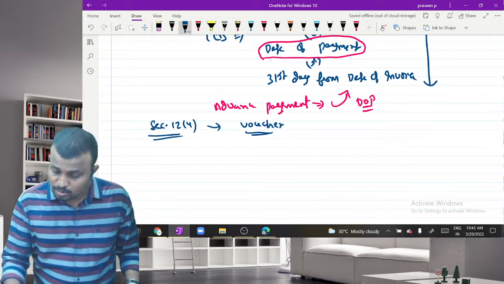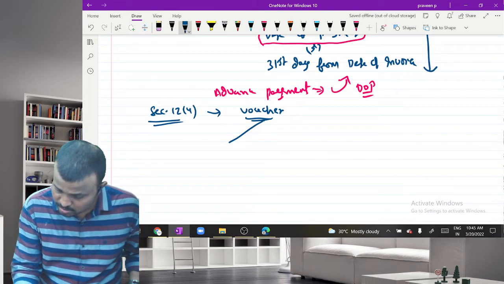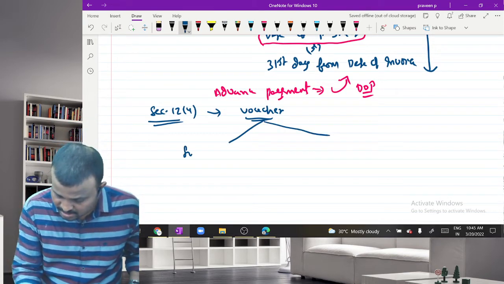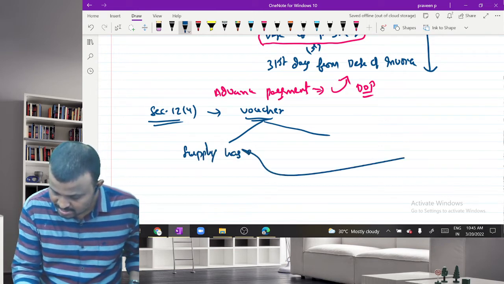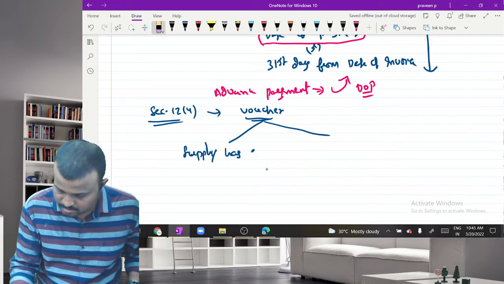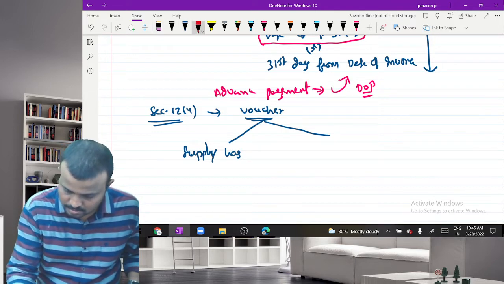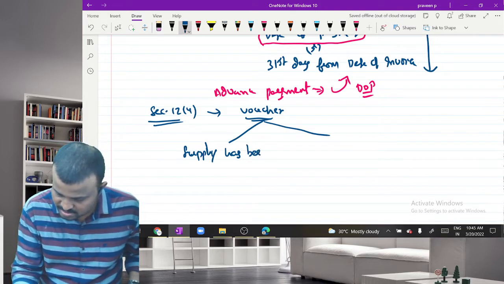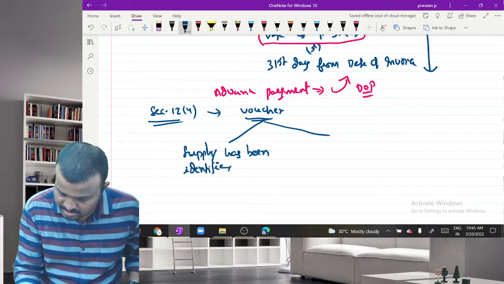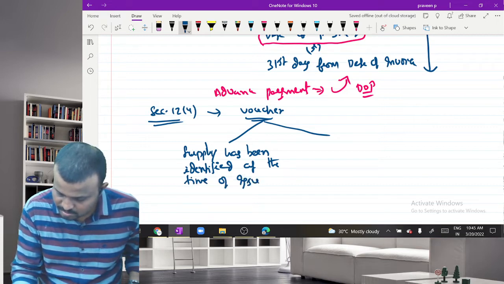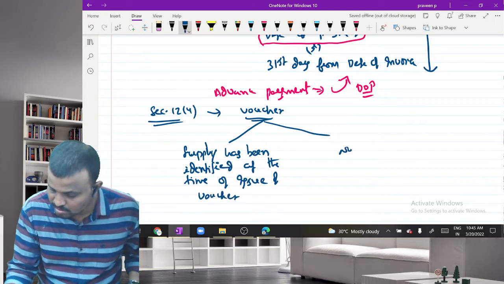In case of voucher, you have to verify whether the supply has been identified at the time of issue of voucher or not.